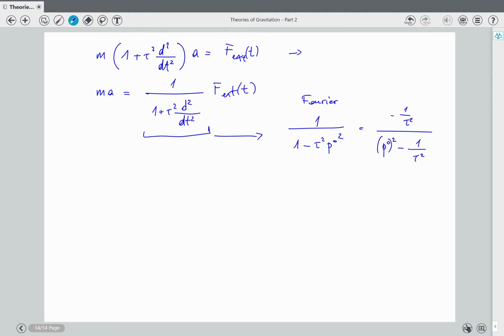So 1 divided by tau squared is the mass. And you have to compute it as the sum of the retarded and advanced potentials.